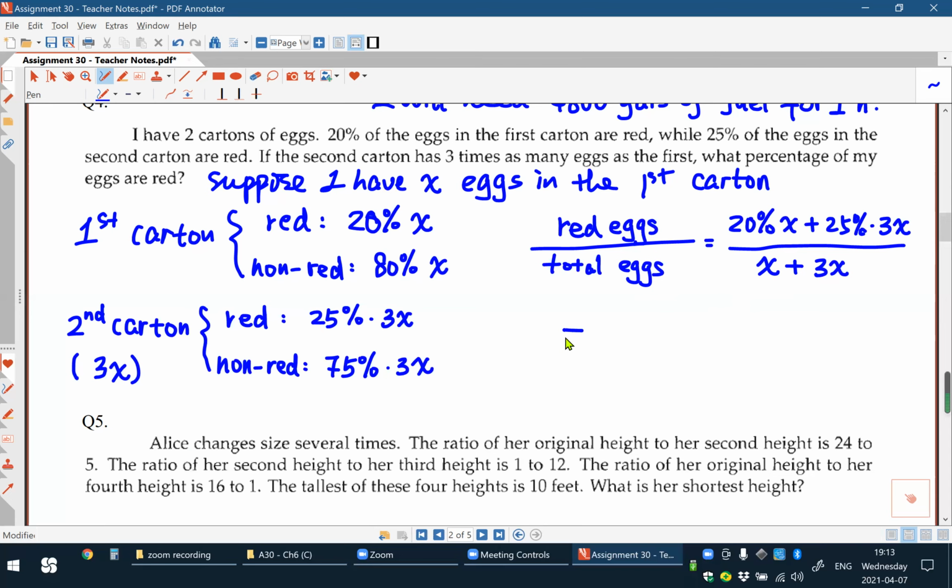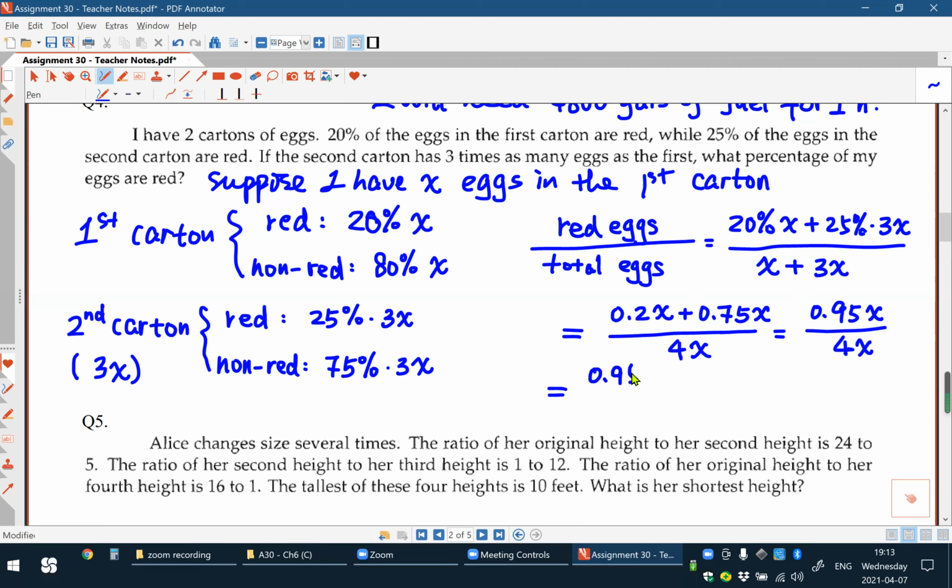Okay, so now let's calculate the ratios. So this is 0.2x plus 0.75x over 4x, right? Okay, so let's combine the numerators, which is 0.95x over 4x, which is 0.95.